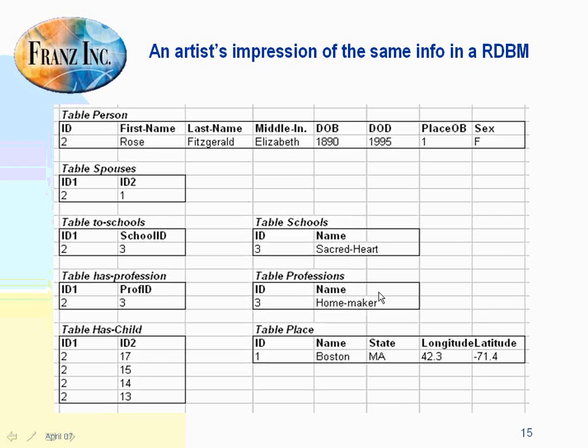And then people all live in a town, so people point directly to the towns they live in, or the town they were born in. And this town again has an ID, a name, a state, and a longitude and a latitude. And so I hope you understand what the real big difference is between a relational database and a triple store.